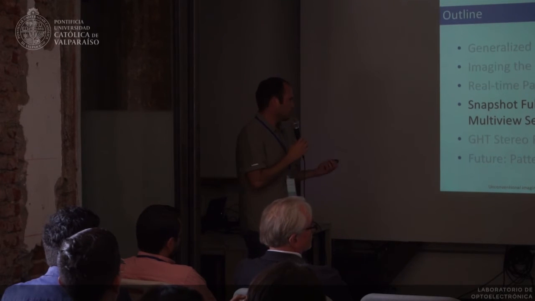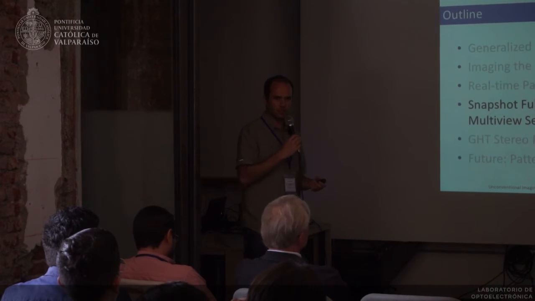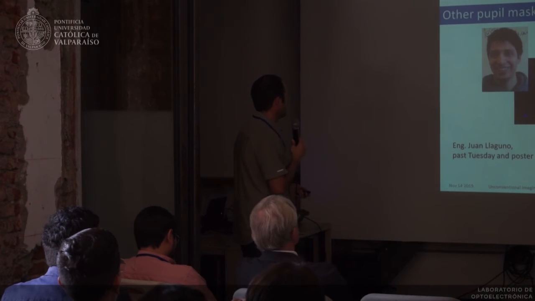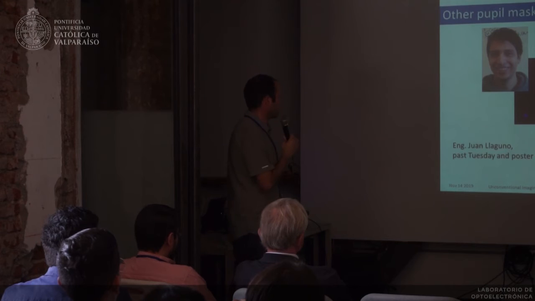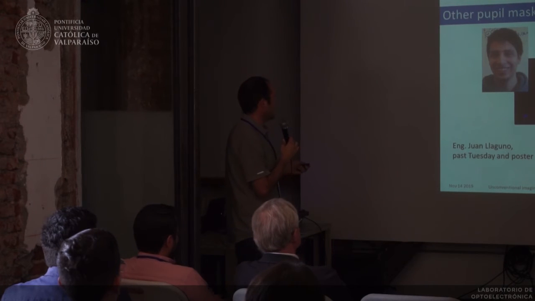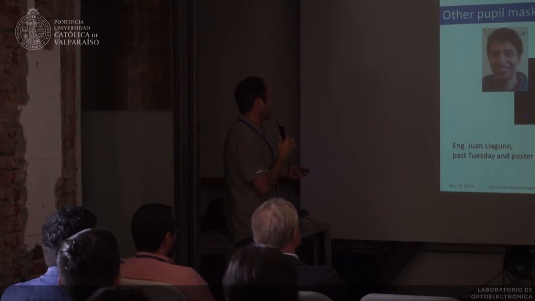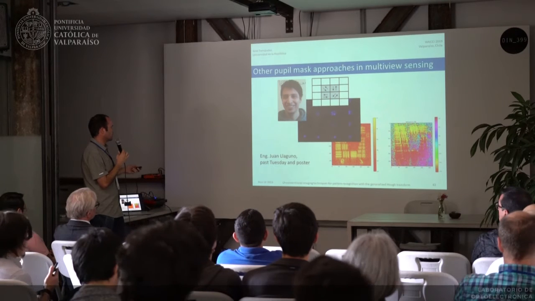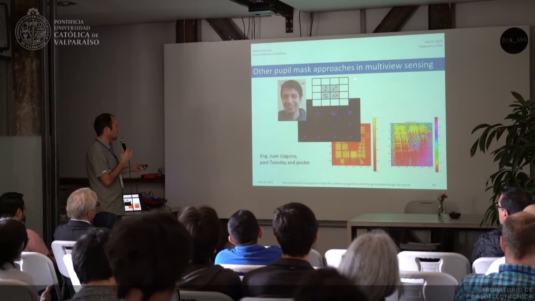In this case, we are going to use again an optical setup. You might remember Juan Yaguno, who gave a talk a few days ago, and a poster where he used a different polarization pupil behind and a lenslet array.